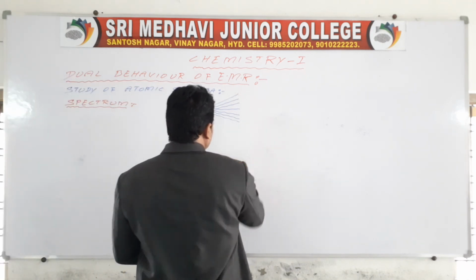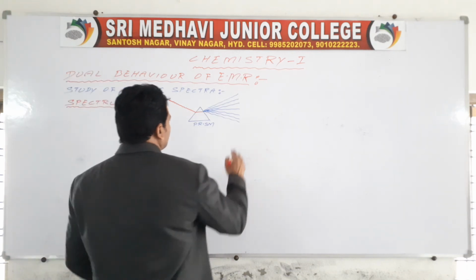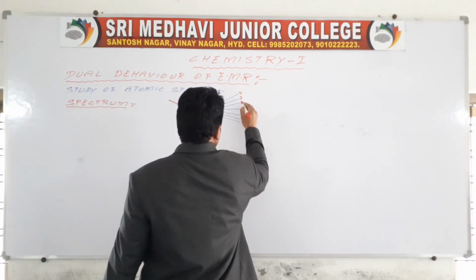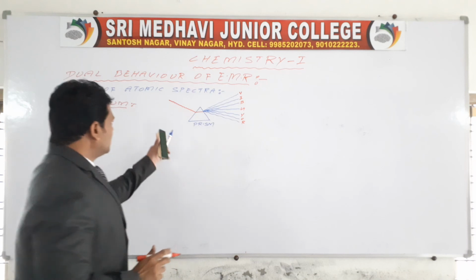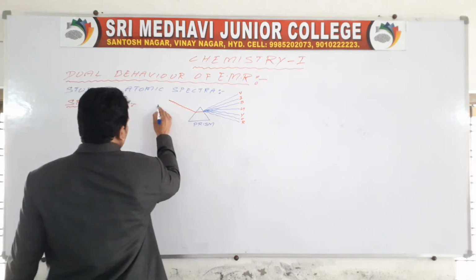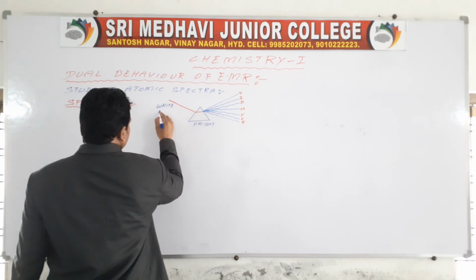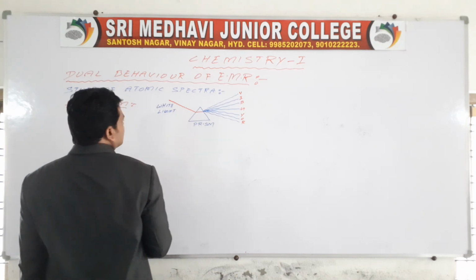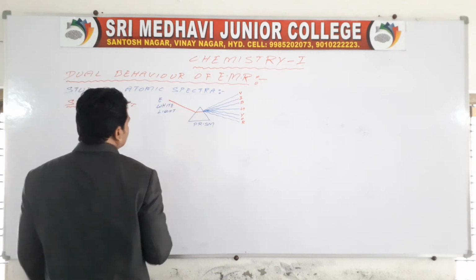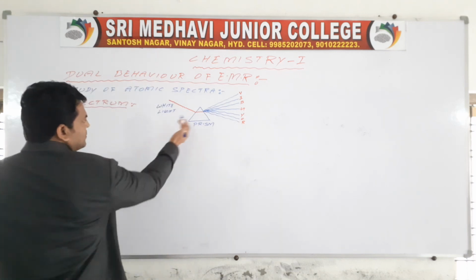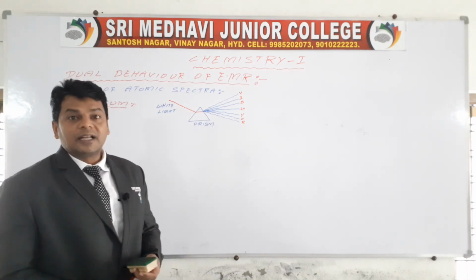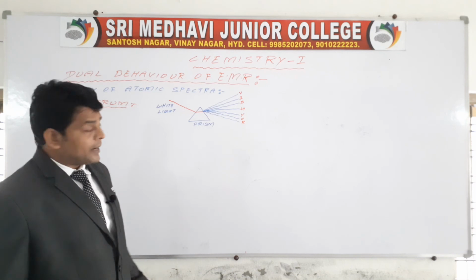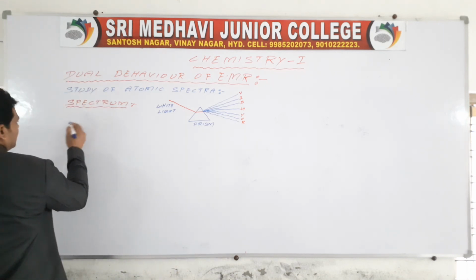It is a spectrum. This is V, I, B, G, Y, O, R. It is a white light passed through a prism. Then it gives a continuous colors band, which is called spectrum.